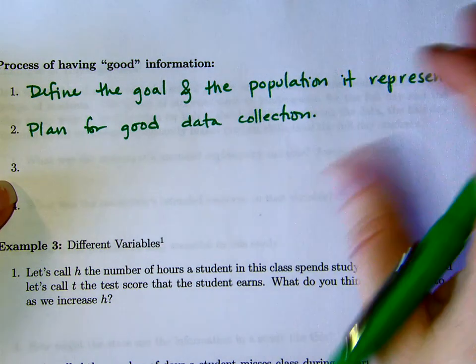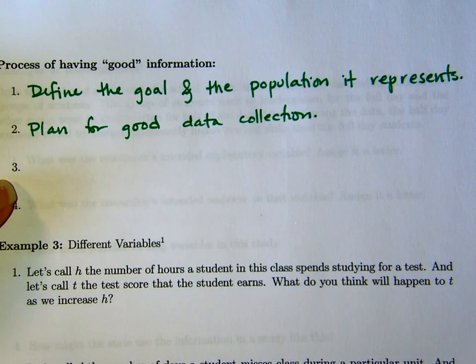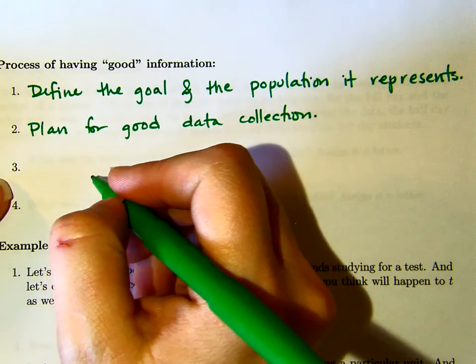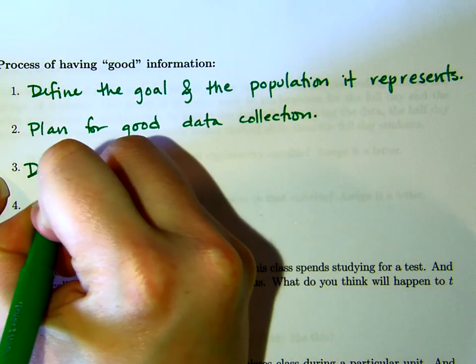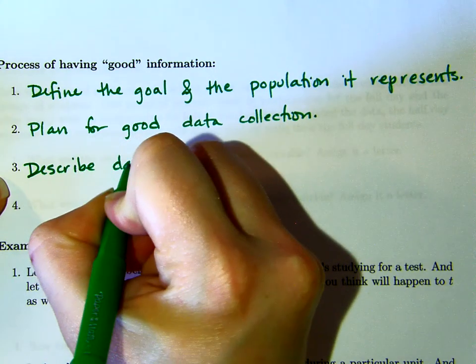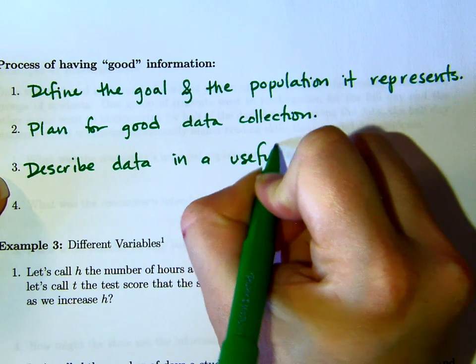Like, they'll just be like, nah, your conclusions are worthless. So, number 3, describe the data in a useful way. We talked about that a lot in section 1.1. So, describe data in a useful way.